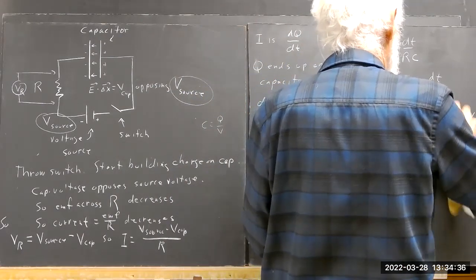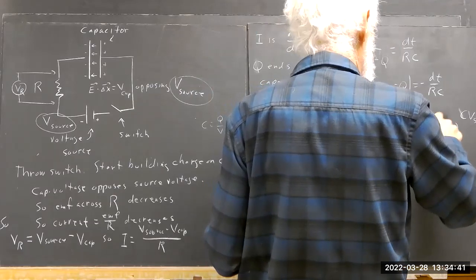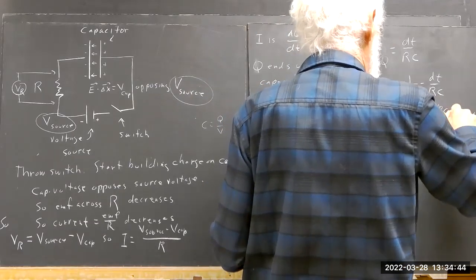And of course, we're exponentiating both sides. You get e to the minus t over RC.